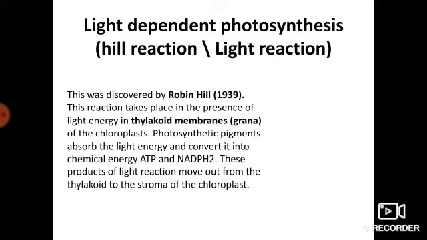Photosynthetic pigments absorb light energy and convert it into chemical energy such as ATP and NADPH2. These products of light reaction move out from the thylakoid to the stroma of the chloroplast. There, this ATP and NADPH2 are utilized for the dark reaction.